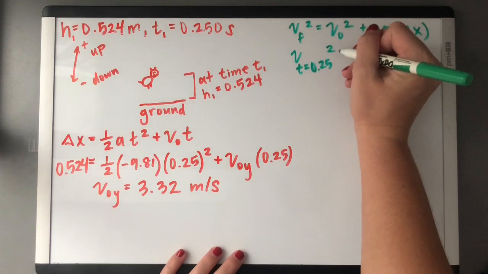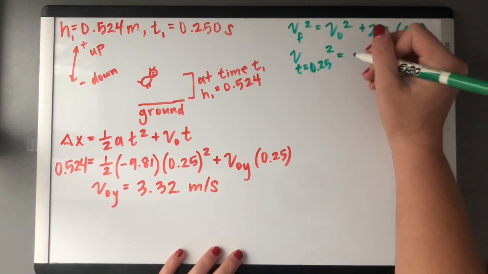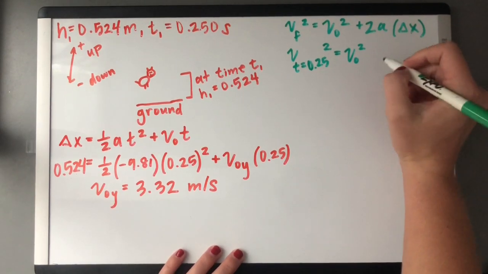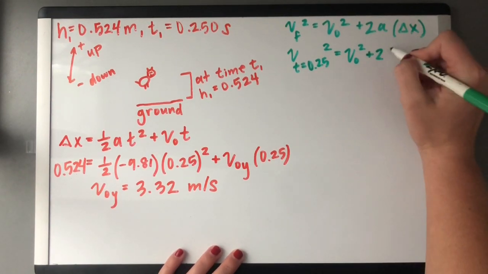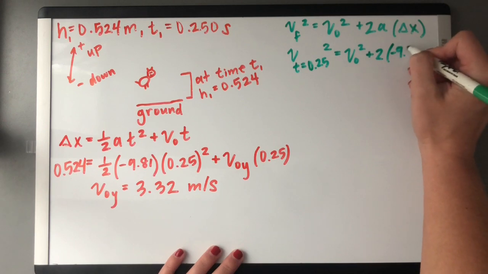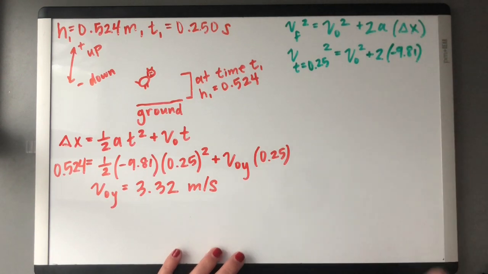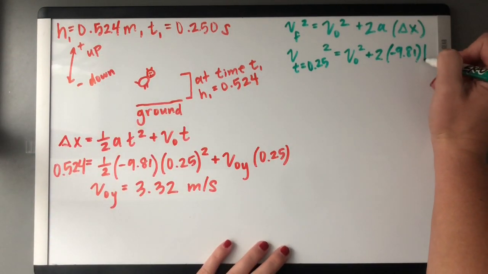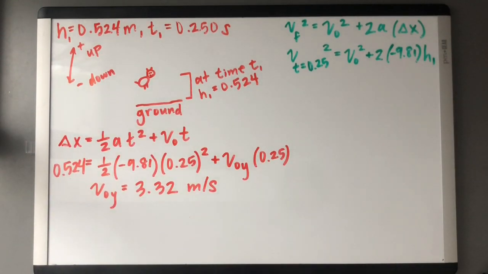So that squared equals the initial velocity squared, that's at t equals 0 seconds, plus 2 times the acceleration due to gravity, negative 9.81. And delta x, in this case, we know the height that he went. So I'm going to say h1, and we'll plug that number in a moment.